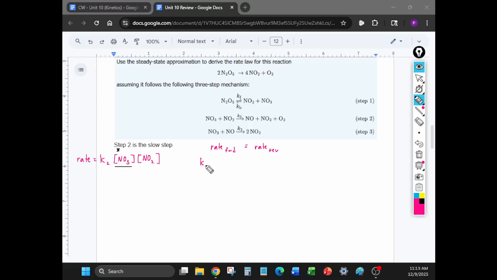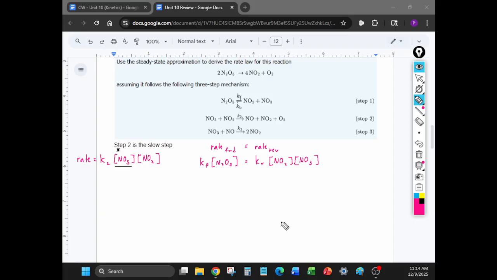So the equilibrium constant for the forward reaction is K forward times N2O5 equals K reverse times NO2 times NO3. All right, everybody good so far?